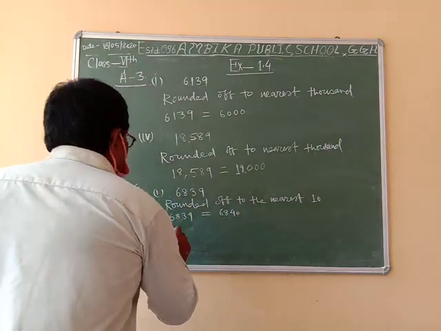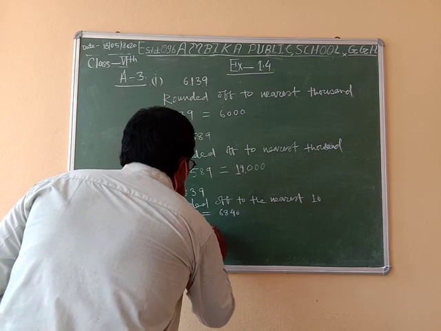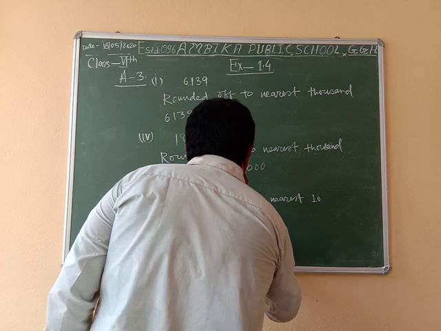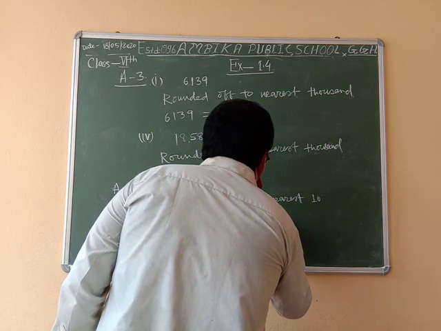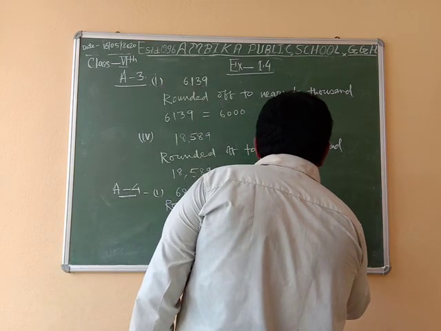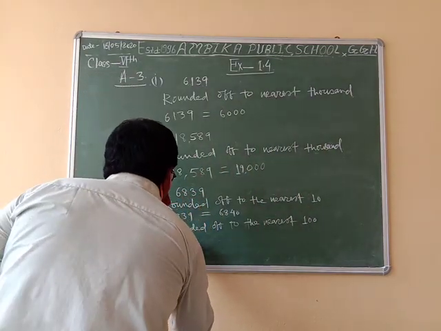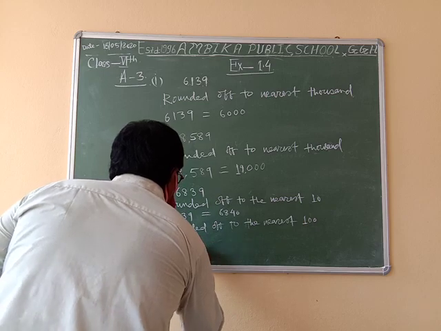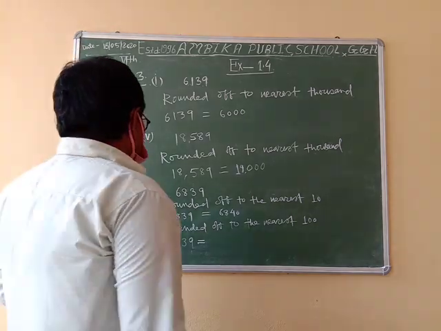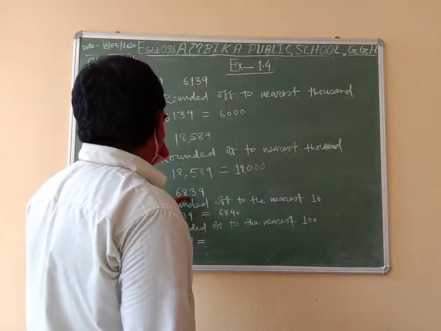Rounded off to the nearest 100, 6839. To round to the nearest 100, we see the tens digit of the number.